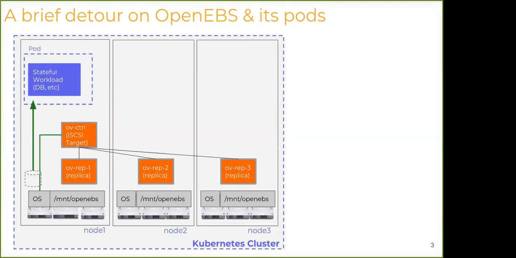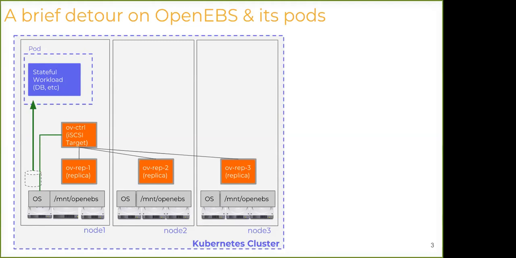We can see an application determined by the blue box, which may be a stateful application, typically a database, and the boxes in orange refer to a single volume. And if we see, there is something called CTRL and there is something called REP. CTRL represents a controller, whereas REP represents a replica.